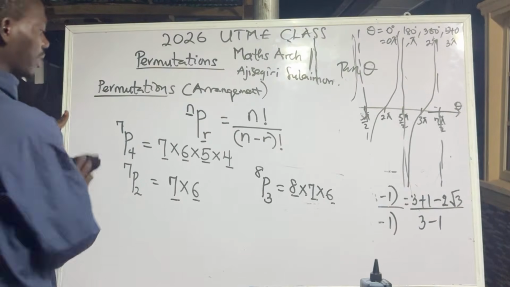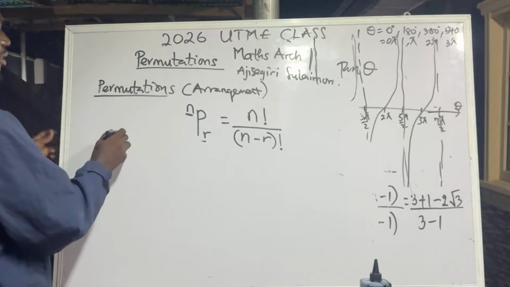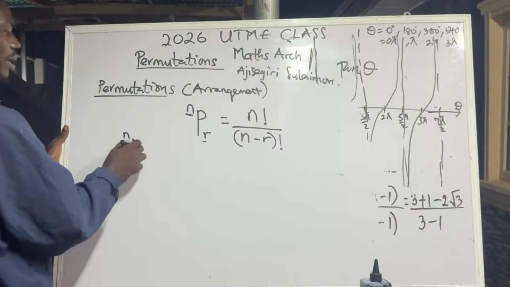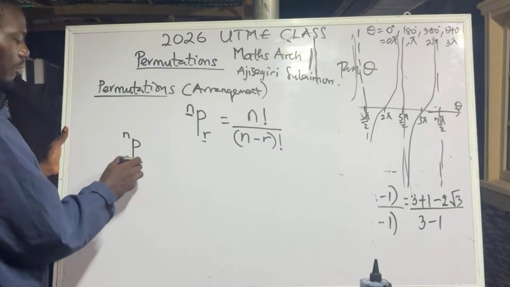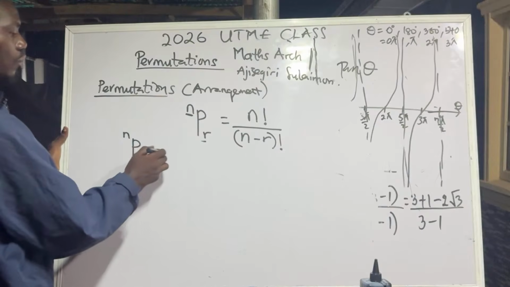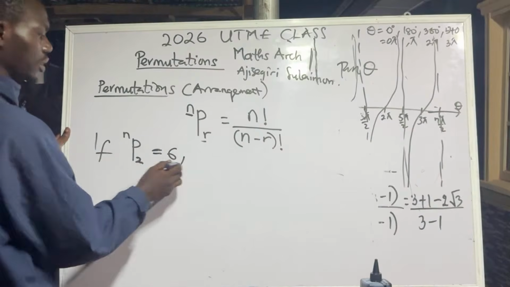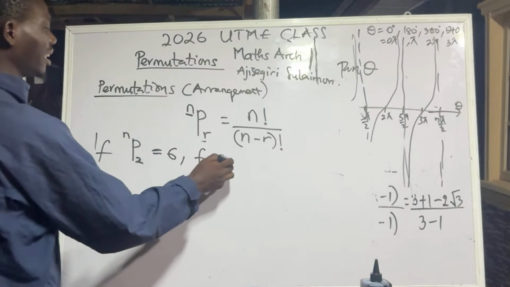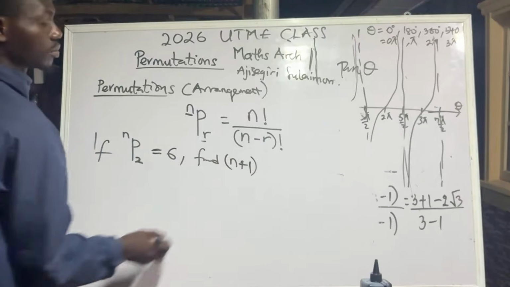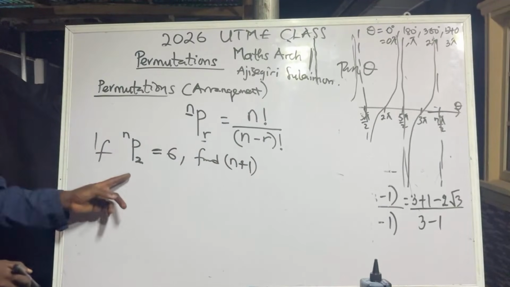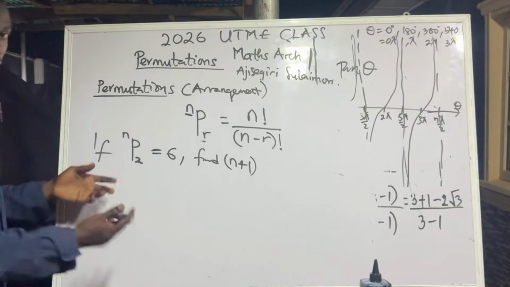Now look at this. What if I say n permutation 2 equals 6, and they ask us to find n, or find n plus 1. Now n permutation 2 means reduce n up to 2 times.